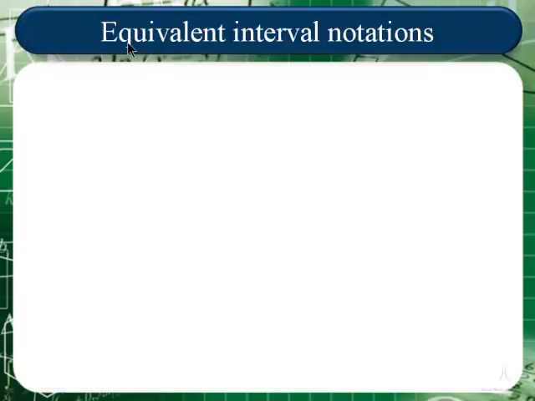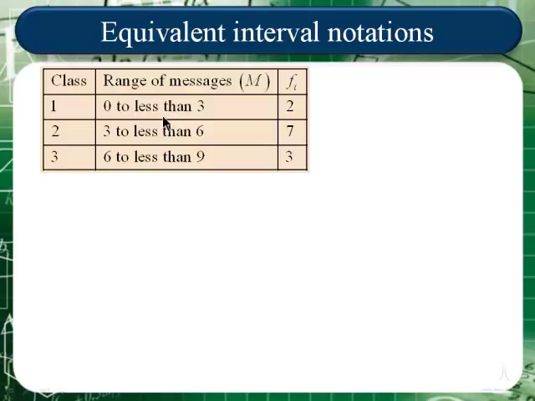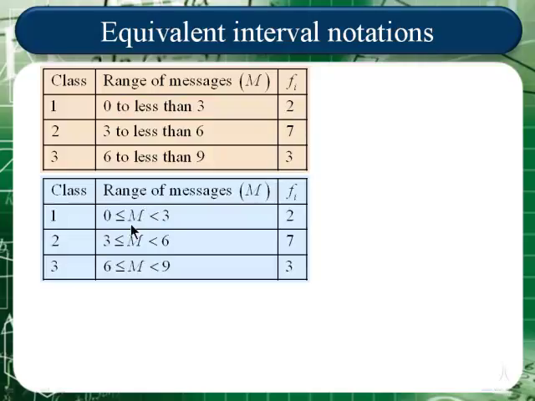Let us more specifically look at equivalent interval notations. In the previous example we had the description for the range of messages M, and this was a verbal description. And we've identified the frequencies for the various classes.